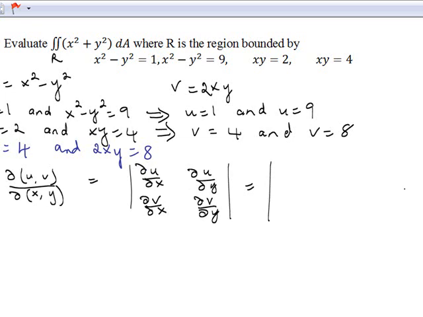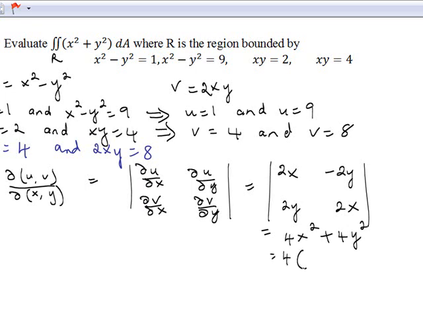Can you give me the partials? Partial u partial x, 2x, partial u partial y, partial v partial x, partial v partial y, 2x. Okay, what do we have here? 4x squared plus 4y squared. Aha. That is 4 times x squared plus y squared.